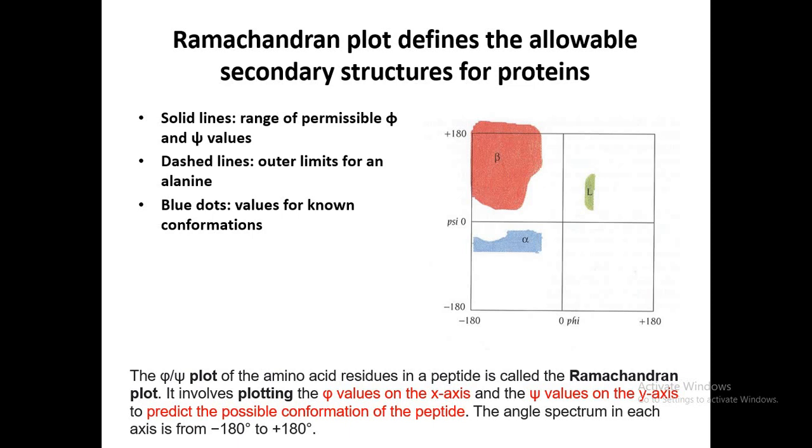These angles are formed around the C alpha-C bond and the N-C alpha bond. These bonds are adjacent to the peptide bond, and they are not rigid but flexible, and we call them phi and psi bonds.